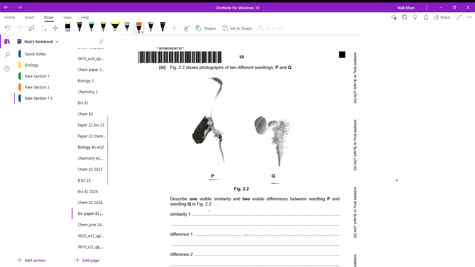They have both root and shoot. Seed coat is also visible.